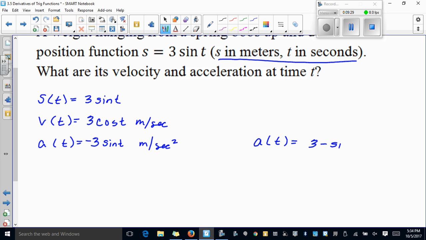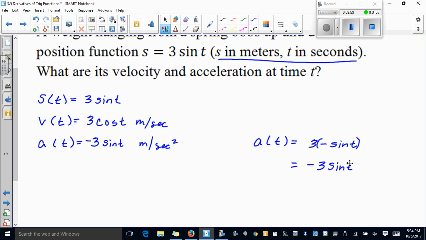You're thinking this is 3 times this guy, but nowhere here are you indicating multiplication. This reads 3 minus sine. So this guy has to go in parentheses. You have to at least do that. Then rewrite it and put your negative sign out front so that this doesn't accidentally become a subtraction problem. Be very, very careful here.